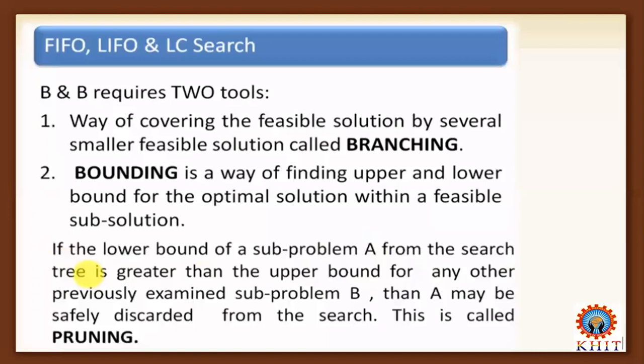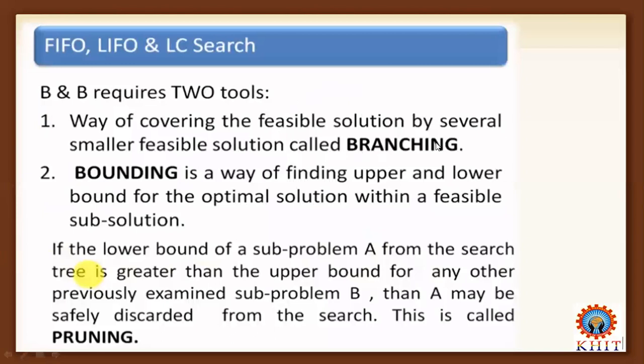In between, you will get the solution. Otherwise, you will not consider the solutions. That's why we need to define boundaries for measuring the upper bound and lower bound for optimal solutions with feasible sub solutions.